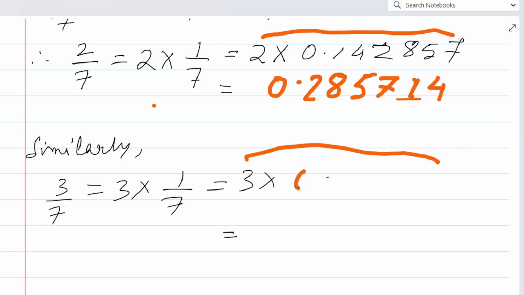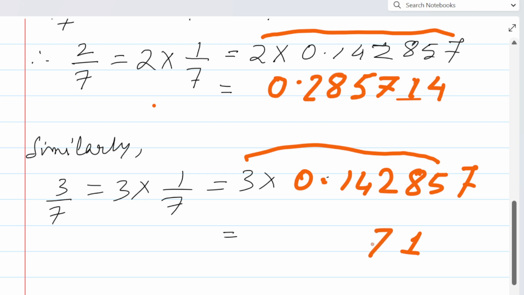So 1 by 7 is this one, 0.142857. So multiply: 3 7s are 21, 3 5s are 15, carry 2, 7. 3 8s are 24, carry 1, 25. 3 2s are 6, and from here carry 2 was there, so 8. 3 4s are 12. 3 1s are 3, carry 1, 4.